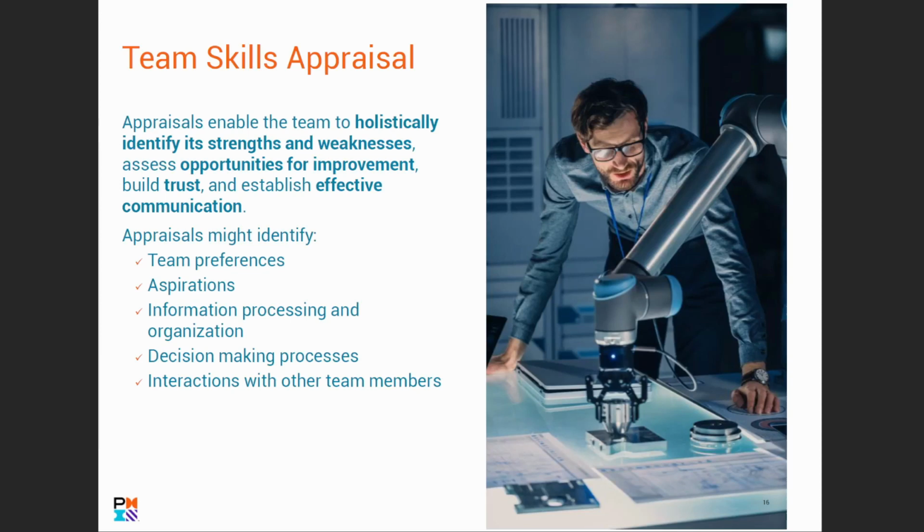Alright, so next up we're going to look into the team skills appraisal. Appraisals enable the team to holistically identify its strengths and weaknesses, assess opportunities for improvement, build trust, and establish effective communication. Appraisals might identify team preference, aspirations, information processing and organization, decision-making processes, interactions with other team members.